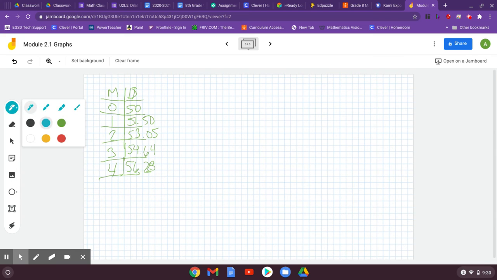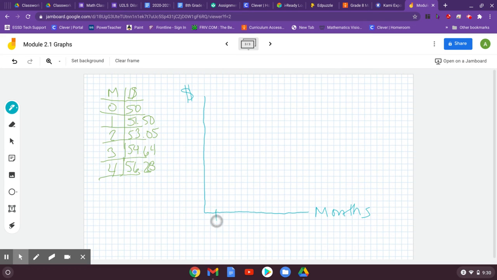So we're going to make our graph. Again, these are all still positive numbers. We're not going to go into negative dollars. He's not owing anybody money. We're not going back in days. So this is months. This is money. 1, 2, 3, 4, 5. I can always add more since I have room.